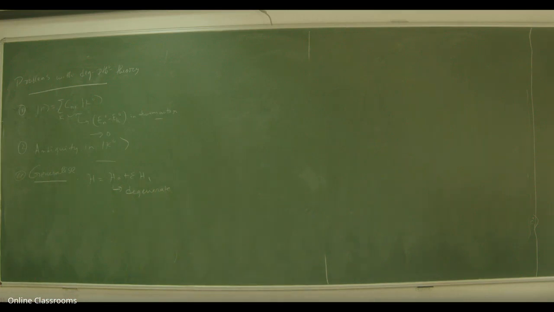Okay. So let us say my states are like that. There are two levels. One is E10 for this H naught, and there is E(Q plus 1)0. So this is Q-fold degenerate.